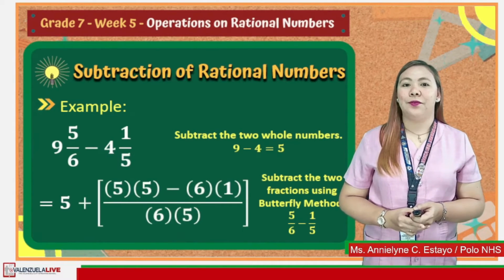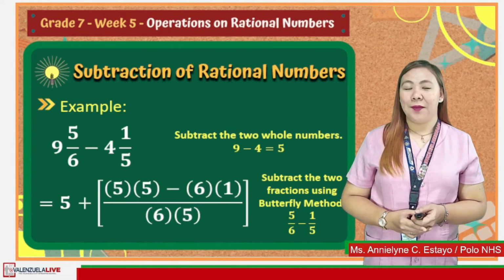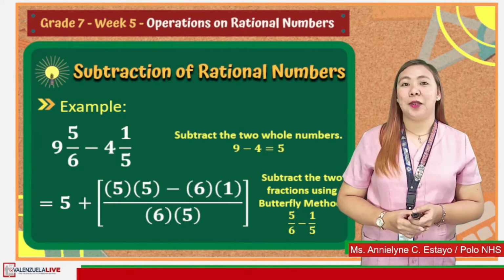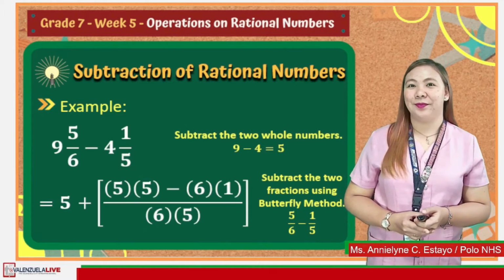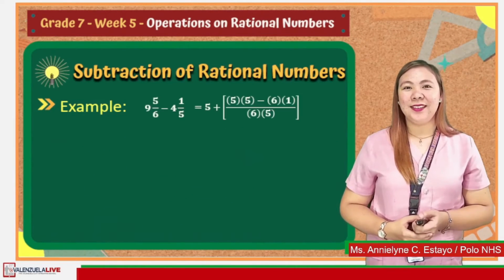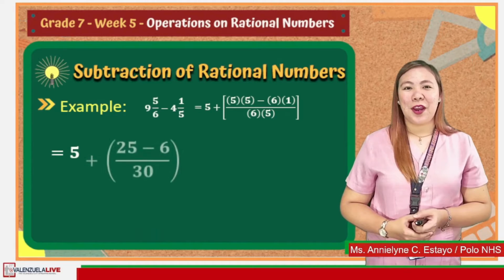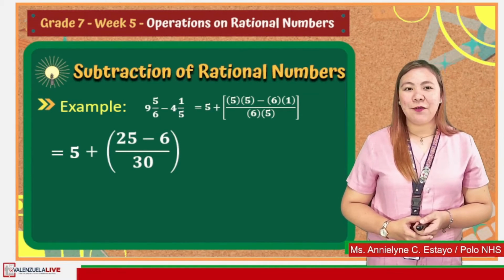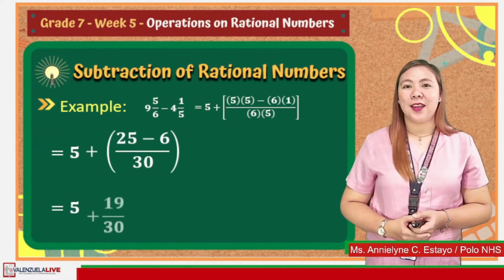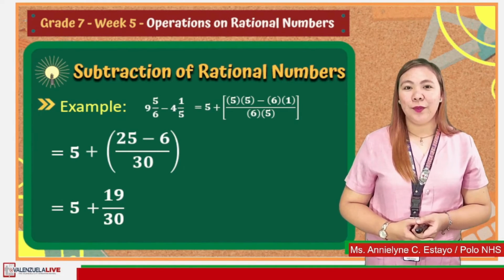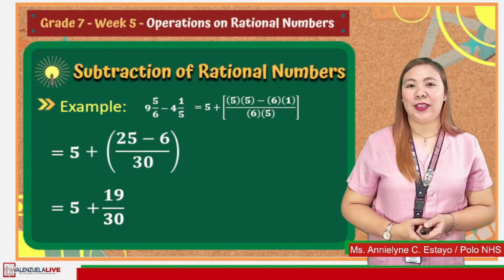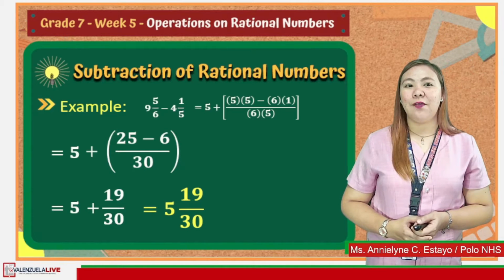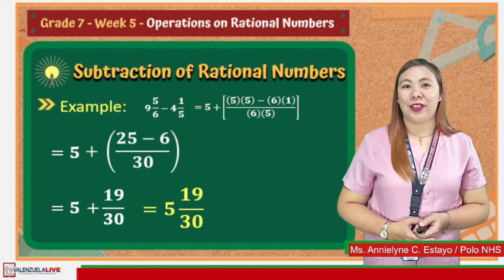So we have 5 multiplied by 5 minus 6 multiplied by 1 all over the product of 6 and 5. Simplifying, we have now 25 minus 6 all over 30. The difference of 25 and 6 is 19. Therefore, we have 19/30. Adding 5 and 19/30 will give us 5 and 19/30.